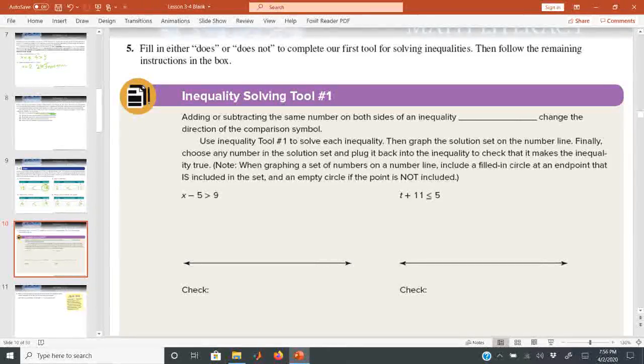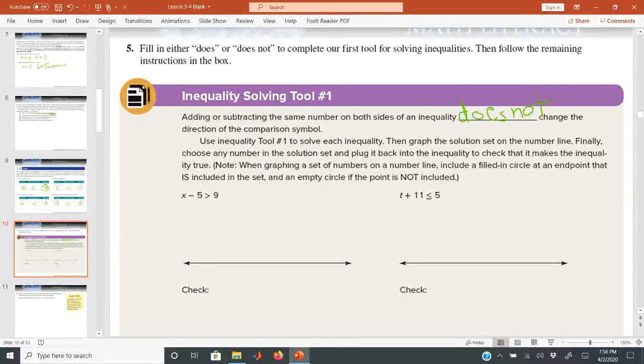Adding or subtracting the same number on both sides of an inequality does not change the direction of the comparison symbol. When they say comparison symbol, they're talking about the less than or the greater than. And obviously we'll also be working with less than or equal to, greater than or equal to.